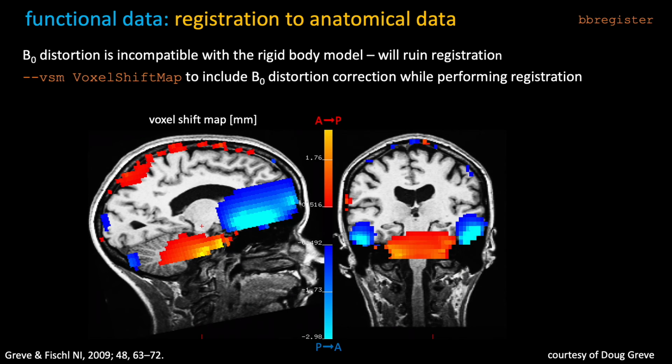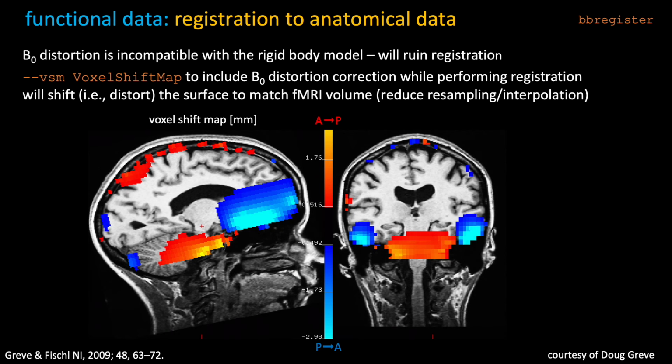So that sounds like great news. I'm not sure how well it works because I haven't tried it yet, but I definitely am going to. And the best part about it is that BB Register will actually shift or distort the surface to match the fMRI volume, not the other way around. So we won't be doing any interpolation and resampling here.